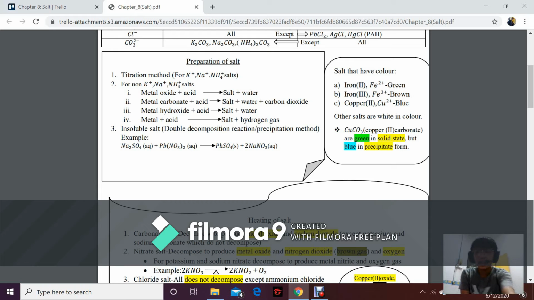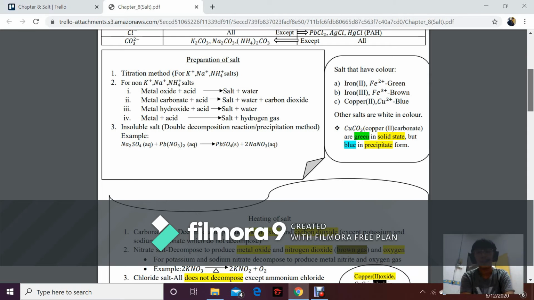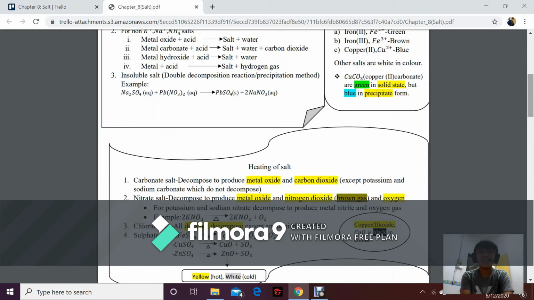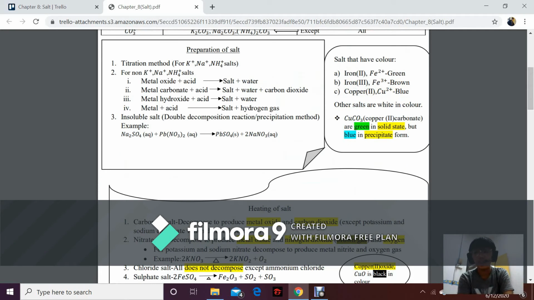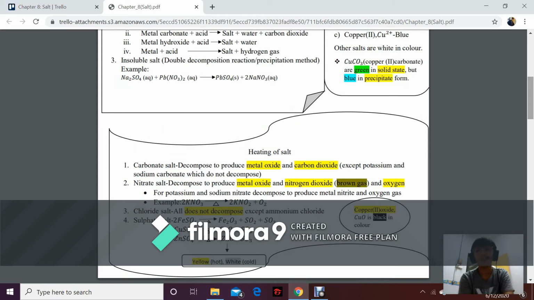So just remember, all the copper 2 are blue in color, except the solid state of copper 2 carbonate, which is green. Other solids are blue.